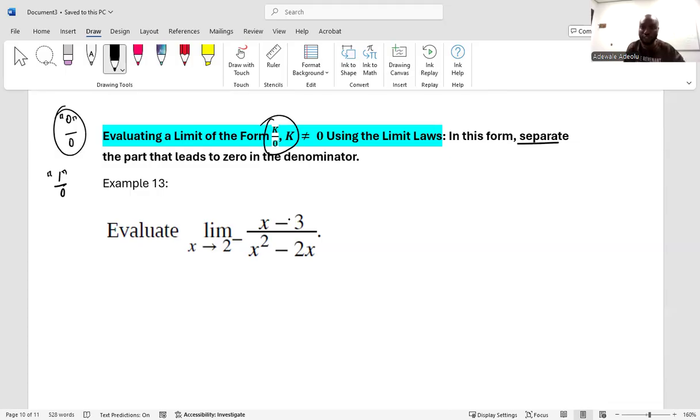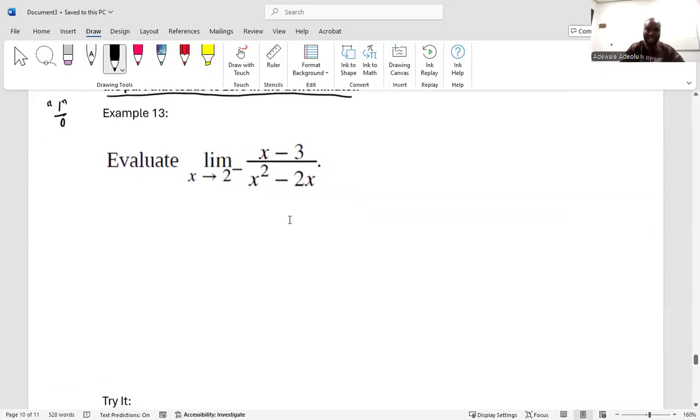All we need to do is to separate the part that leads to 0 in the denominator. As in this example, look at this: x minus 3 over x squared minus 2x has the form k over 0.